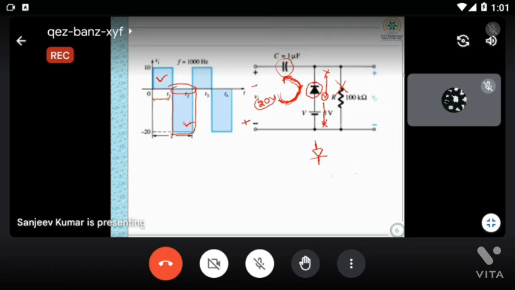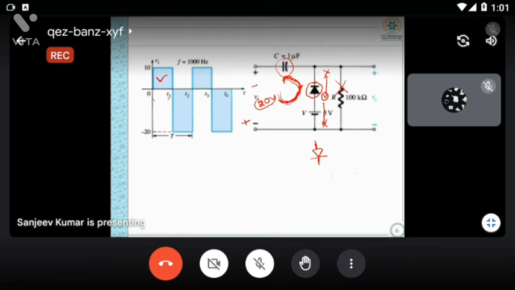So for this condition, you can try for that. For input, you can vary, but here this question is given. Here you can see what is given. This voltage is given. My point is, during 0 to T1 time period, there will be no output, but during T1 to T2, the diode will be shorted. Then what will be the output?